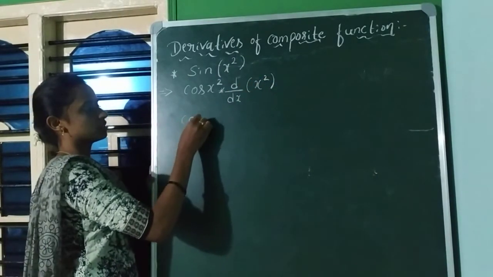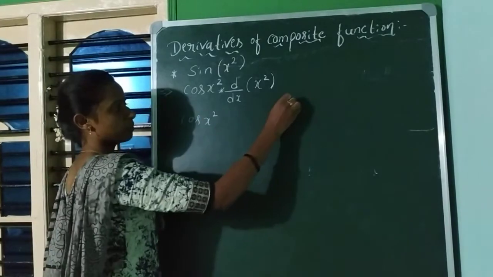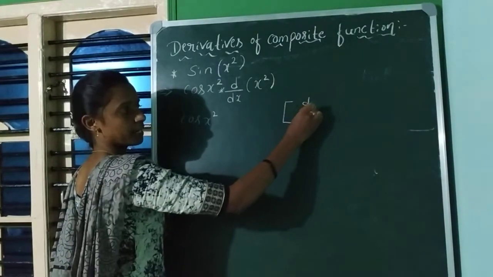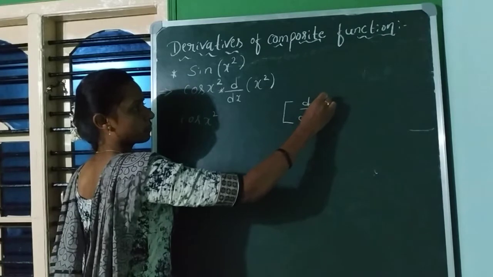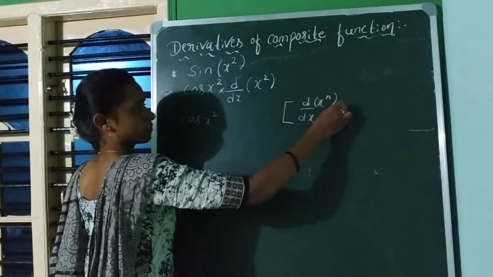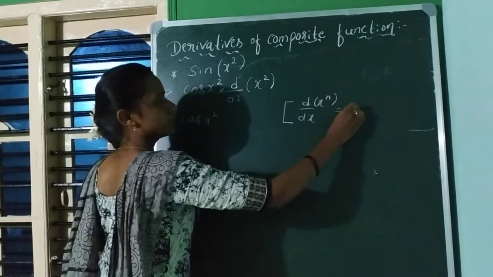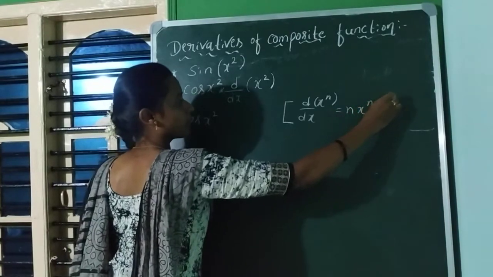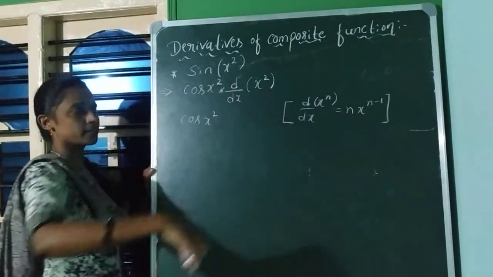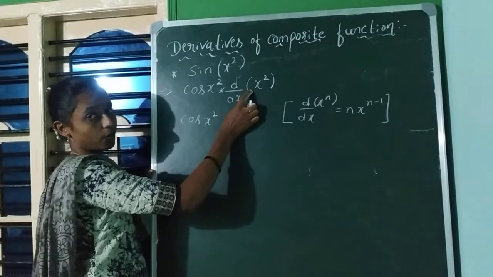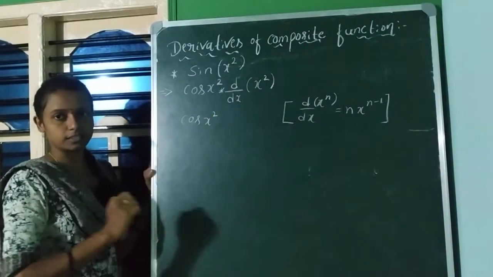Now, with the help of the formula d by dx of x power n is nothing but n into x power n minus 1, the power comes down like a product and the power decreases.